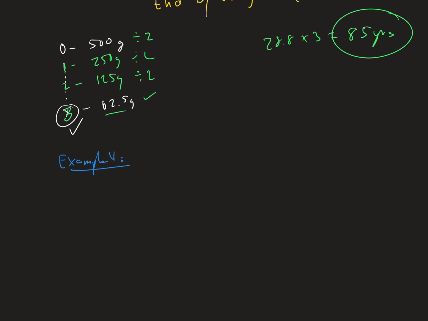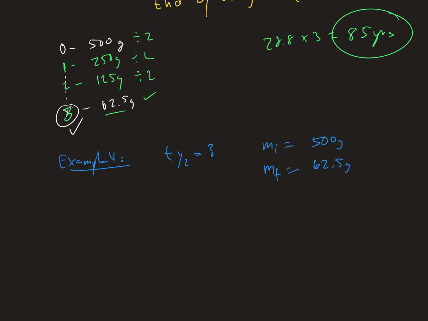We want to know what the half-life is. How long is it? So that means we know the initial mass is 500 grams, and we know the final mass is 62.5 grams.